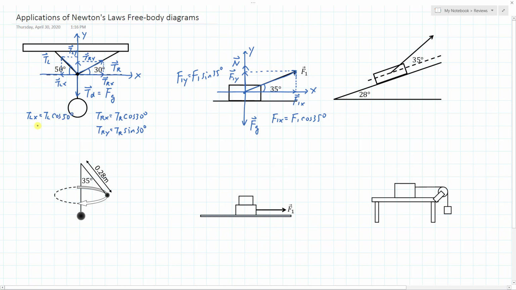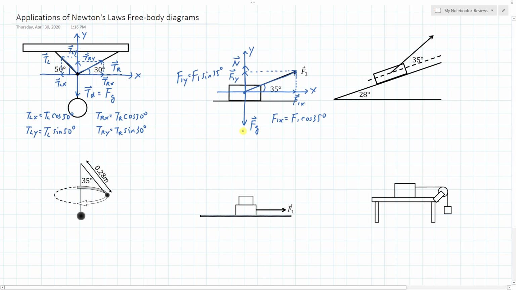We need to be careful. This is just magnitude. So when you're adding the forces together, this is a TLX. It points toward the left. So when you're adding, which is the next step after the diagram, you want to consider the sign. And TLY is TL sine 50 degrees.